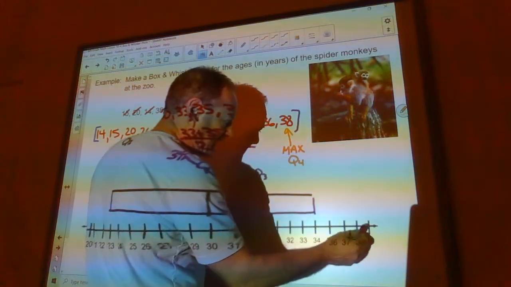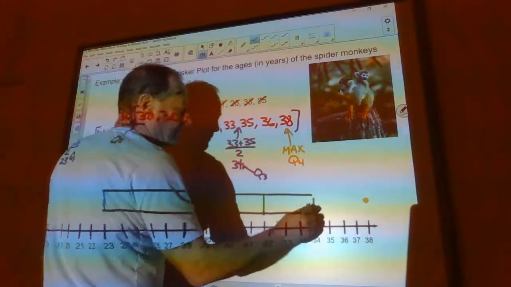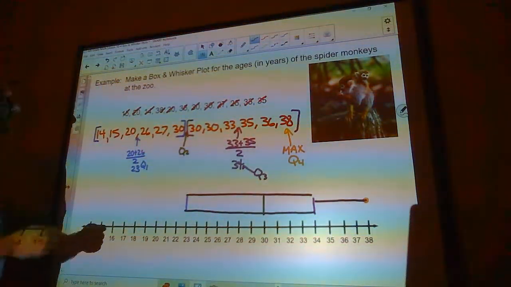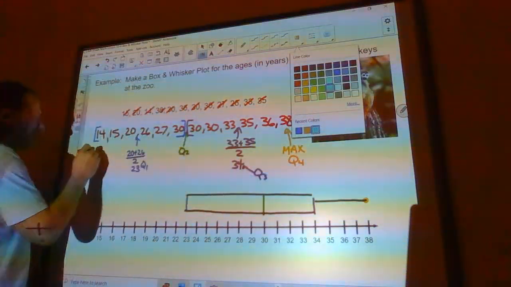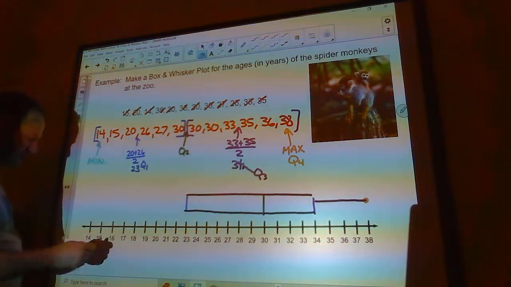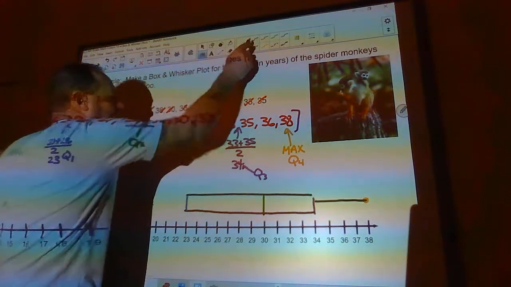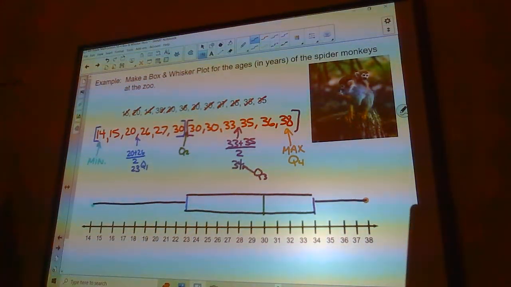So I'm going to put a dot at 38 right here, and I'm going to connect that with a whisker, just like that. Then I'm going to go find my minimum. This right here is my minimum. That's 14. That's going to be way over here. And I'm going to connect that with another whisker. There's my box and whisker plot.